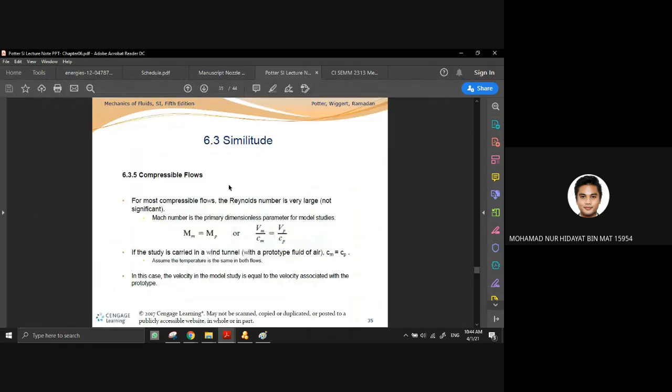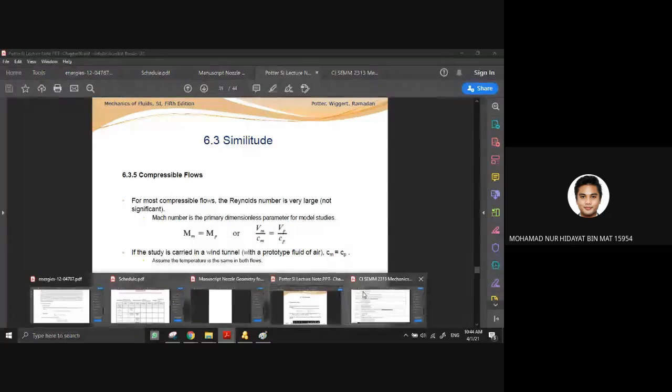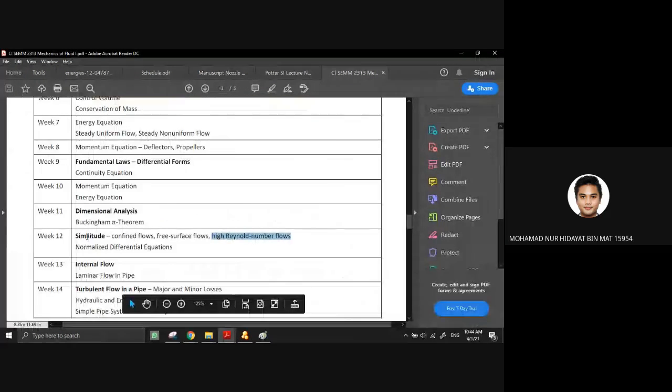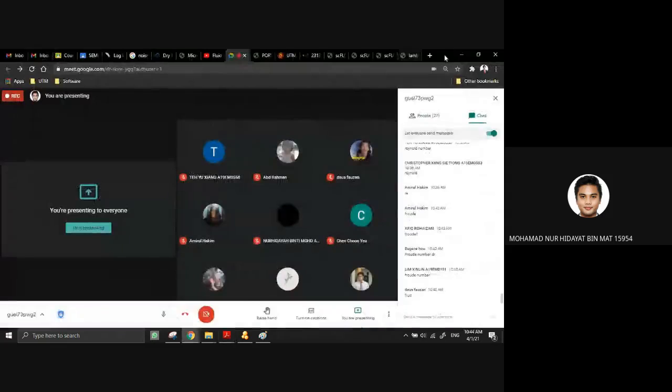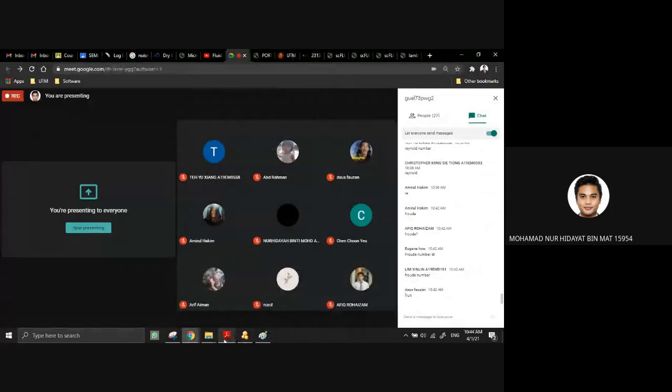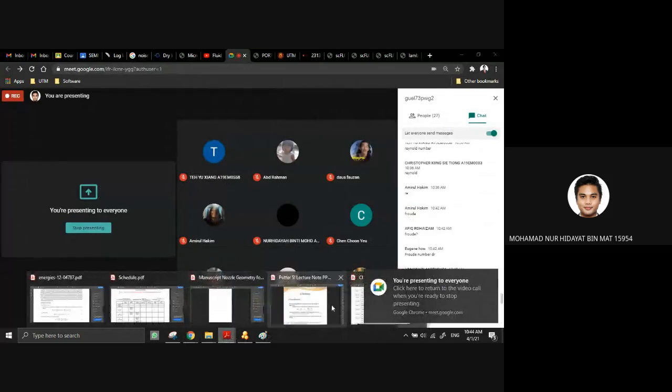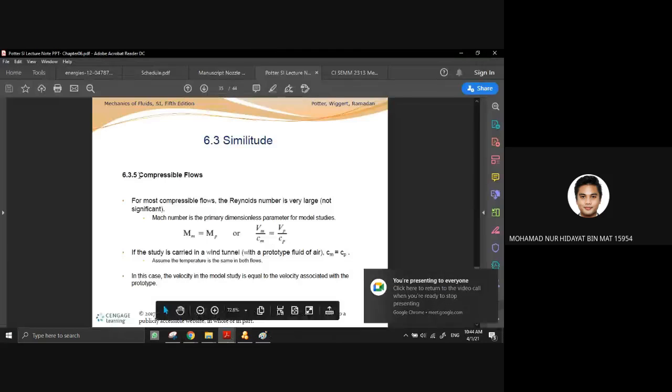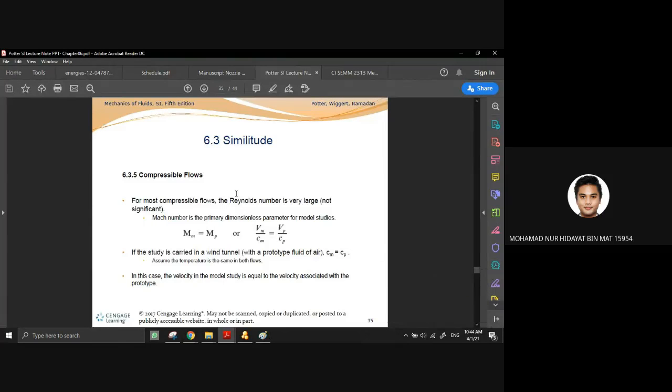It is the high Reynolds number. So what is the high Reynolds number? When you have a very high Reynolds number, that means your flow is compressible flow, so the dominant effect is the Mach number.